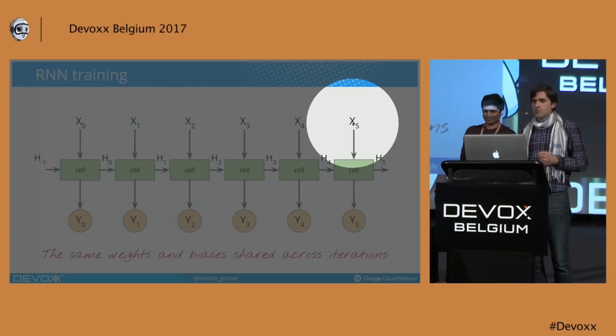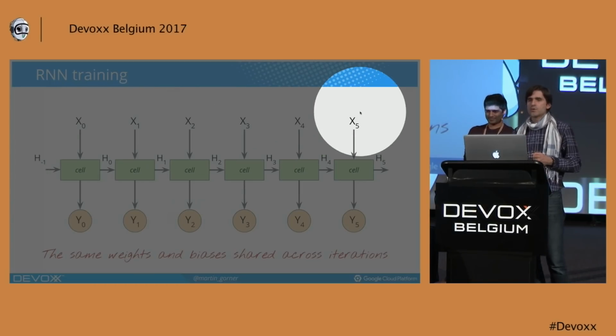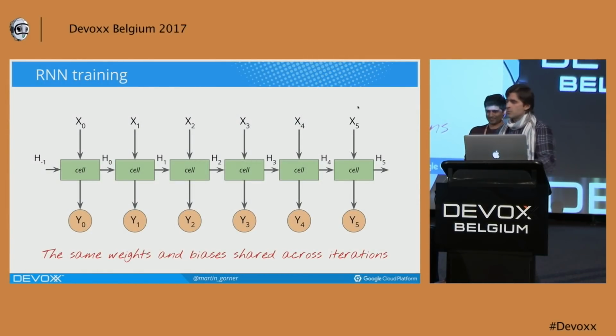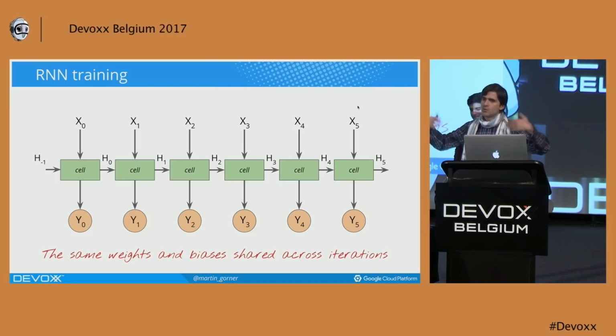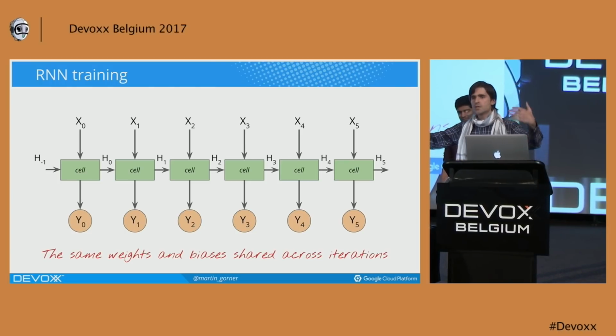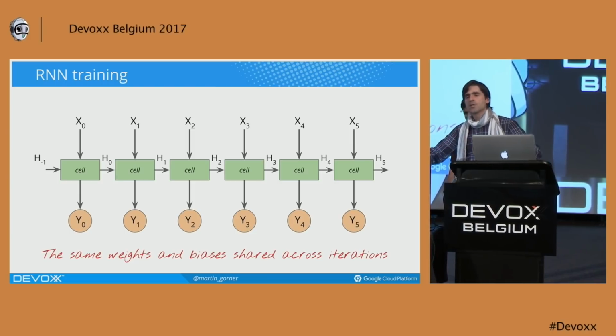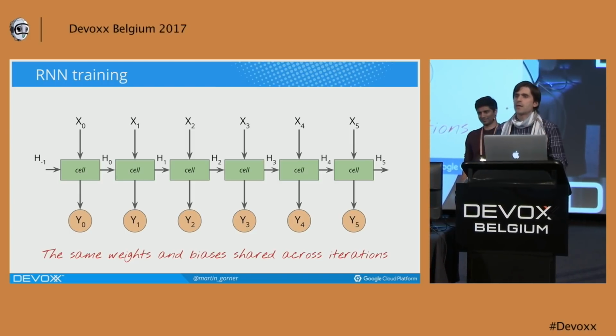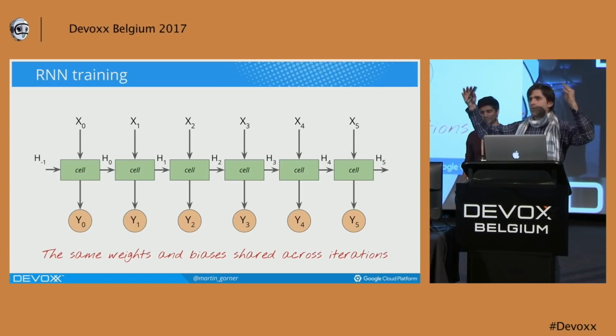So unrolled, you apply a sequence of inputs, you go through the network, it produces a sequence of outputs, and then you force a sequence of correct answers to that, backpropagate, and that's how you train the system. But you will always have this limitation that you need to unroll those recurrent cells in a sequence, and that sequence will still have a limited size, and that size will be a limit to your training.